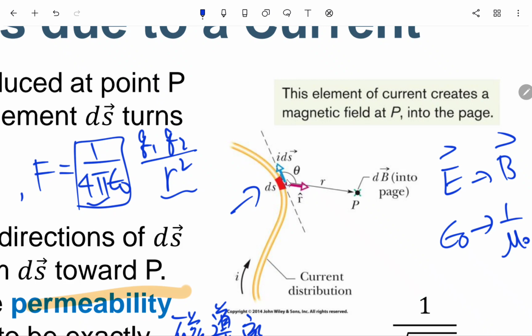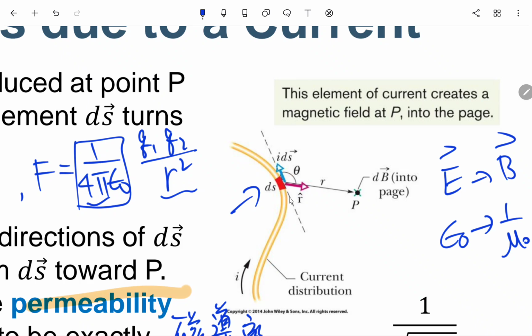And of course, the tangent line can point either this way or the opposite way. So this vector also follows the direction of the current. So we have a ds, or I times ds, pointing in this direction, as shown by this blue arrow.